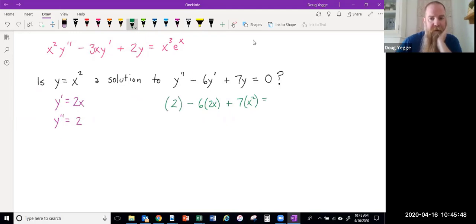And that should be equal to 0. So in other words, is 7x squared minus 12x plus 2 equal to 0? What do you think? What should we do now?